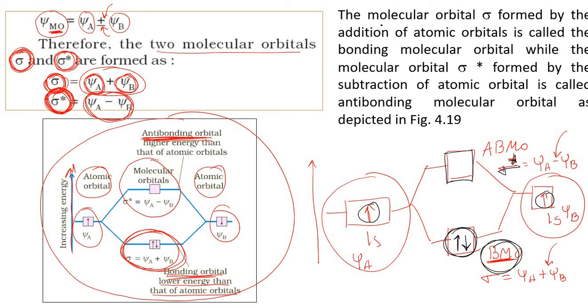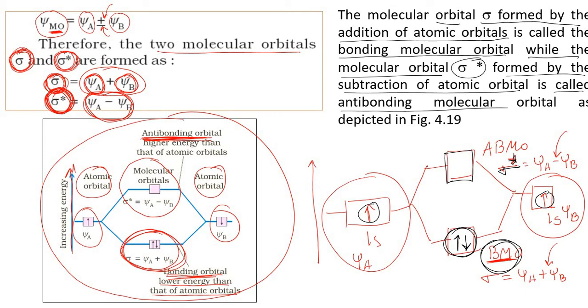Now here you can see the molecular orbital sigma formed by the addition of atomic orbitals is called the bonding molecular orbital. You might get a 1 mark question here: define bonding molecular orbital. While the molecular orbital sigma star is formed by the subtraction of atomic orbitals and is called the anti-bonding molecular orbital. Is it clear students? Concepts are very simple in this.